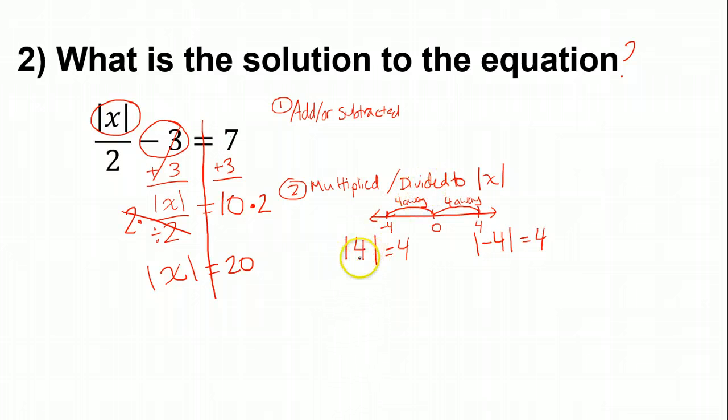So no matter what number goes in here, it'll come out positive. That means x could be 20, because absolute value of 20 is 20. Or I could put x equals negative 20, because if I put a negative 20 into these absolute value bars, I'm going to get 20. So my answer could either be 20 or negative 20.